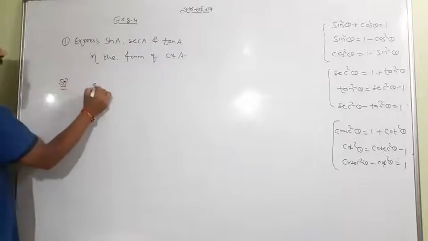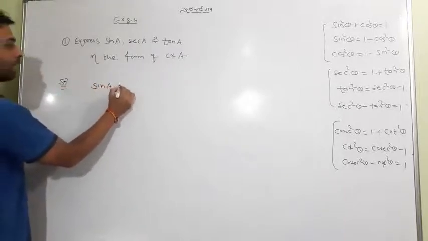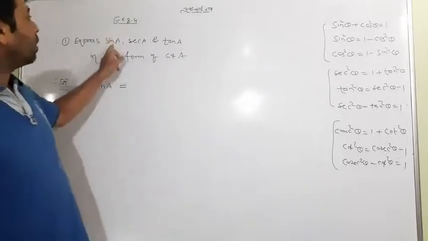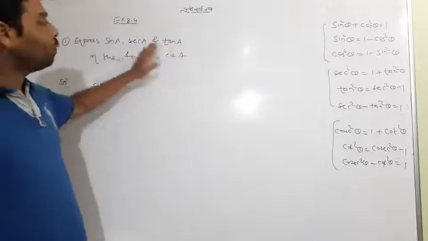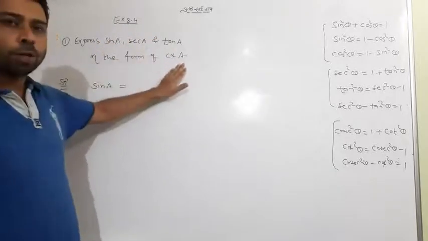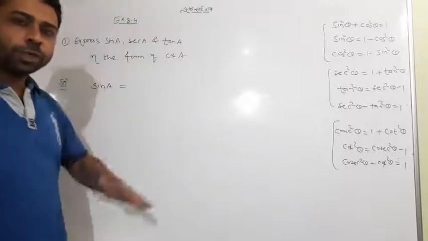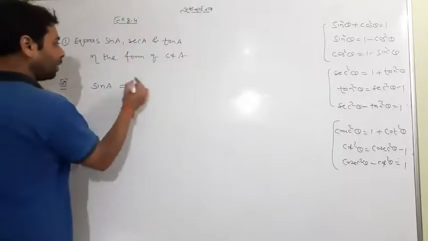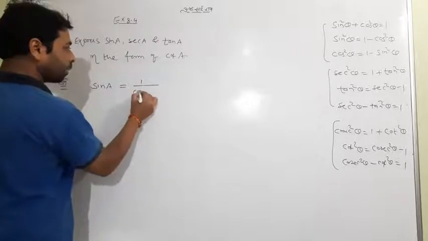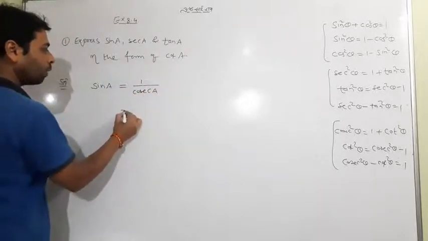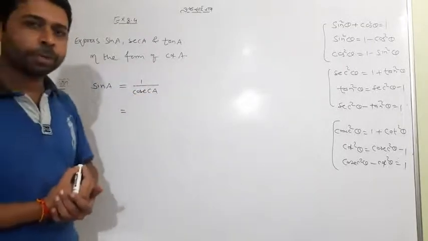First I tell you how sine A can be written in cot A. How can we represent sine A in the form of cot A? This is sine A. So how can we do it? First of all, I would write sine A as 1 by cosec A. Look slowly, 1 by cosec A. That's simple.